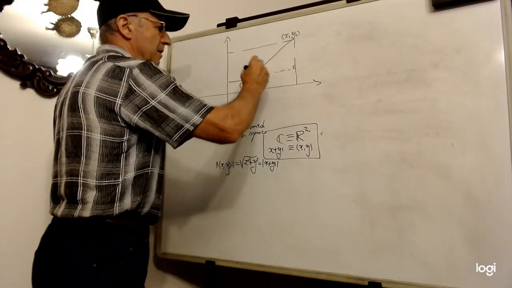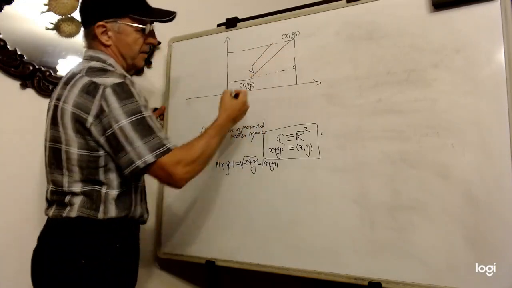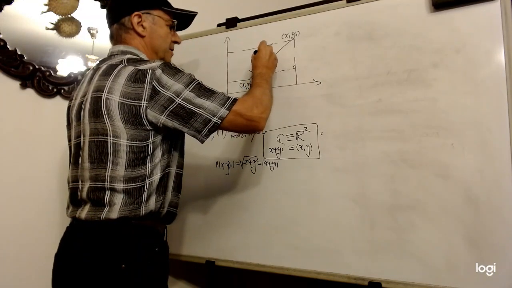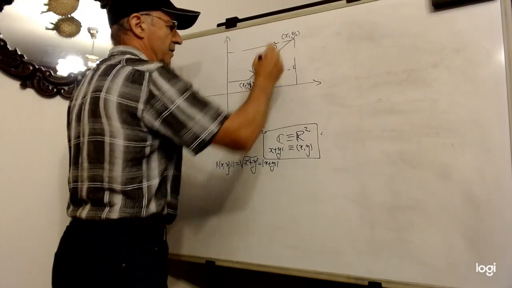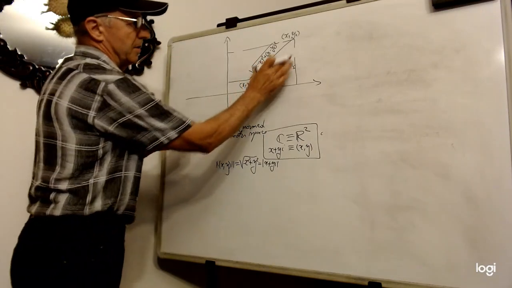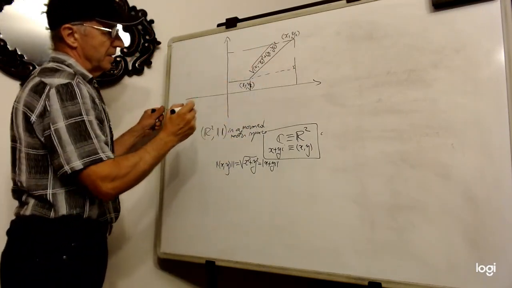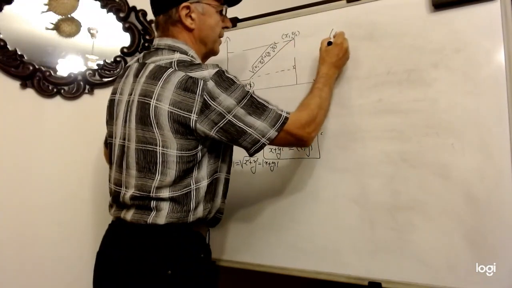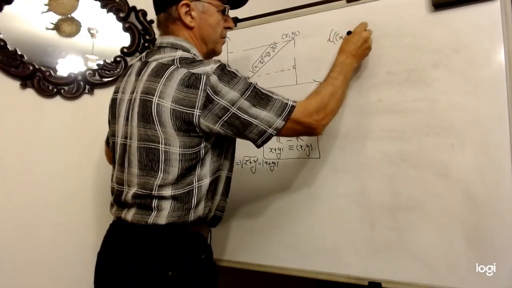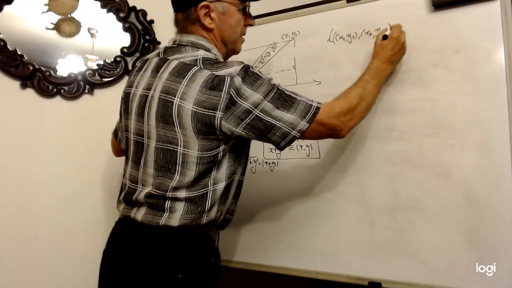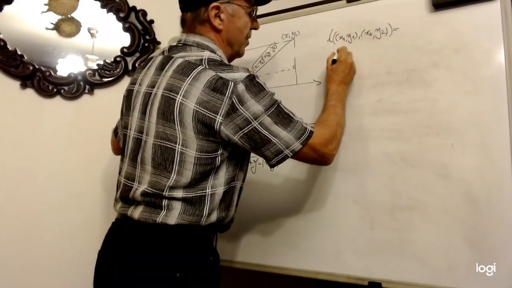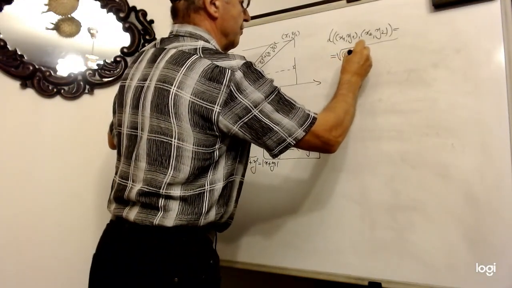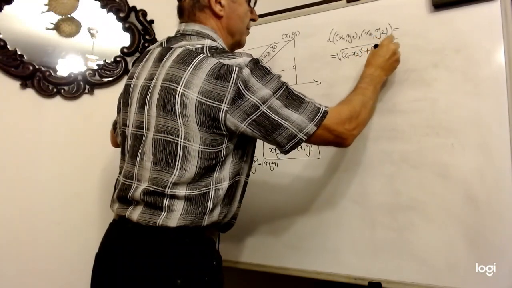Evidently, this side of this right triangle is x1 minus x2, and the length of this side is evidently this difference in modulus. So the distance between the 2 points x1, y1 and x2, y2 is equal to the square root of x1 minus x2 squared plus y1 minus y2 squared.